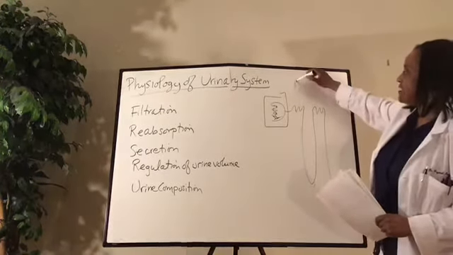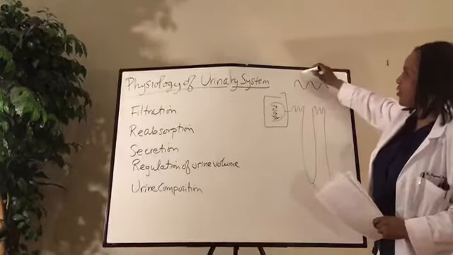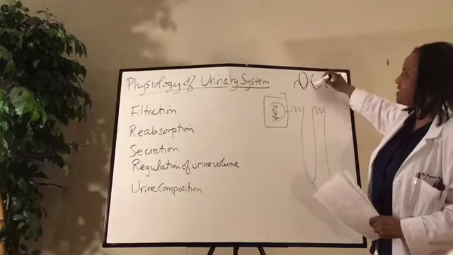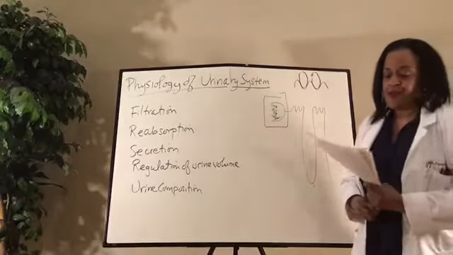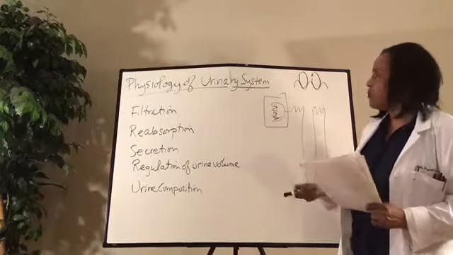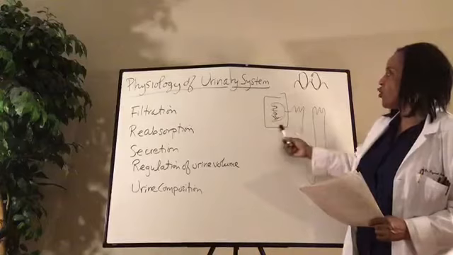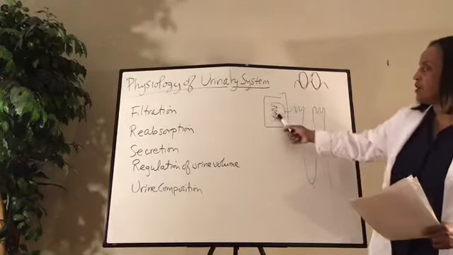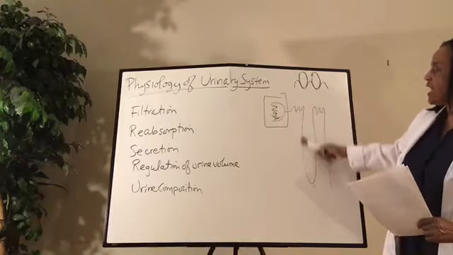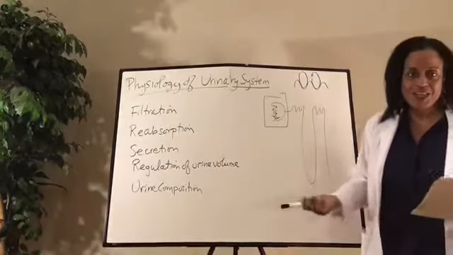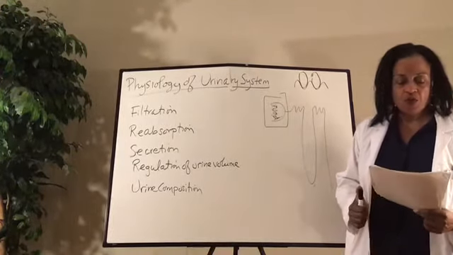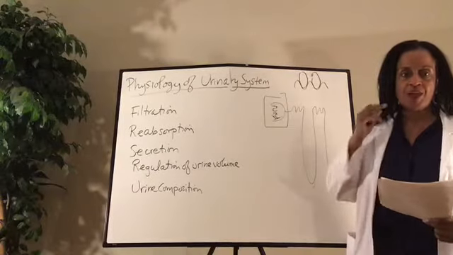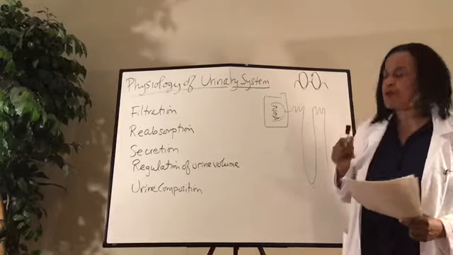Convoluted just means that it's wavy like this, like an egg carton. Eggs can fit in here. That's a convolution, right? So two main parts. You've got the renal corpuscle, which includes the glomerulus sitting in Bowman's capsule, and then the tubes. That's all it is to the nephron, right? Renal corpuscle and renal tubule, and it forms urine by three processes.